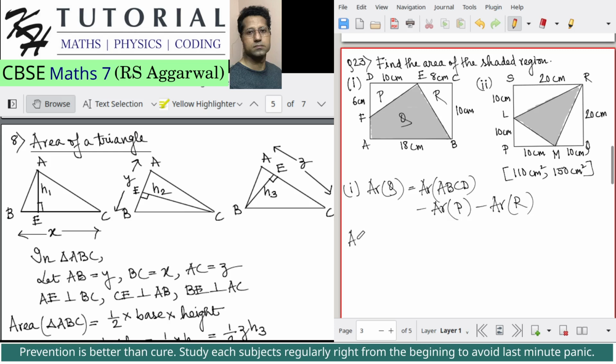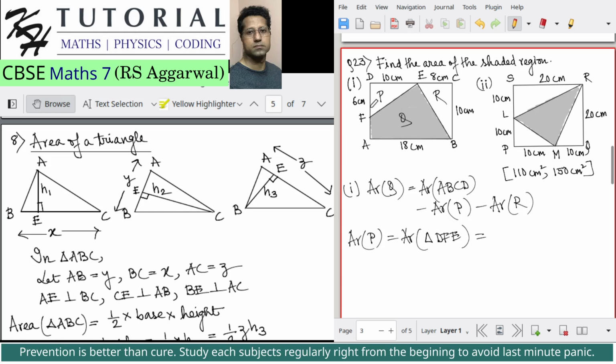So what is the area of P? P is nothing but the triangle DFE. Can we find the area of the triangle DFE? Yes, we can, because you can easily see from the given dimensions.